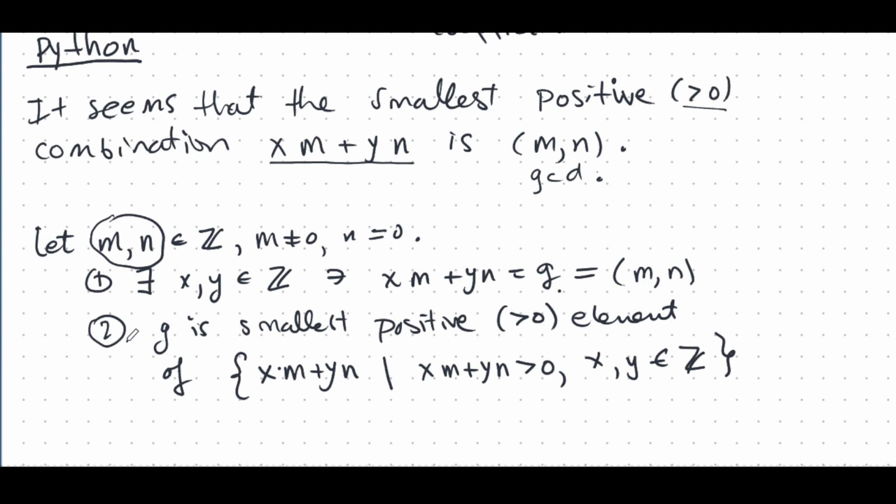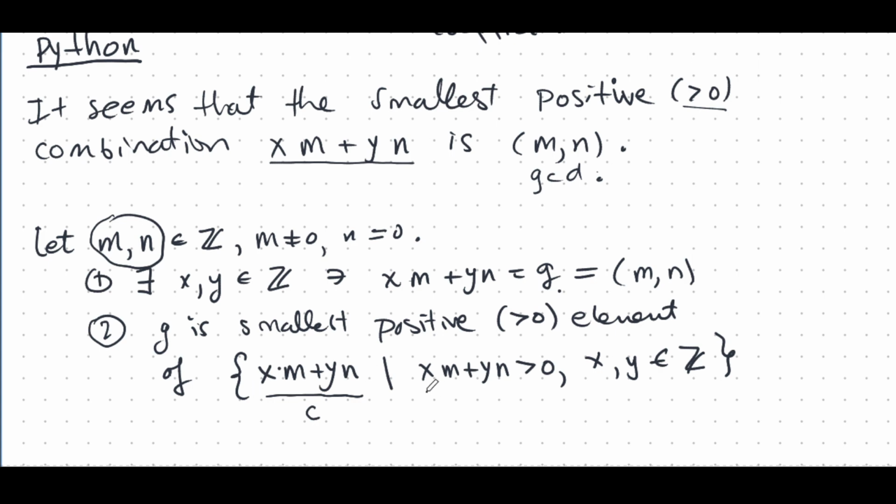And the second point is that this G is the smallest positive element of this special set that we can construct, the set of all such combinations, which we did in Python. We did a limited version of this. We couldn't go from -infinity to +infinity for x and y. We can only do a limited range.